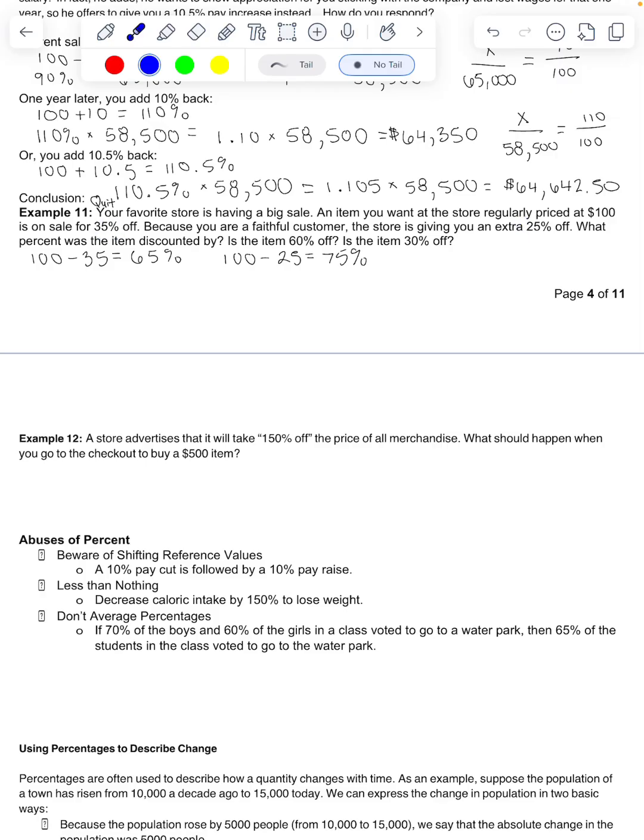That is also not how you find the total percent off. So we know that we're paying initially 65%, but then we're paying 75% of the 65%. What we're going to do is we're going to multiply them together.